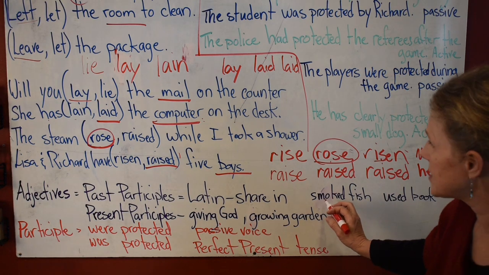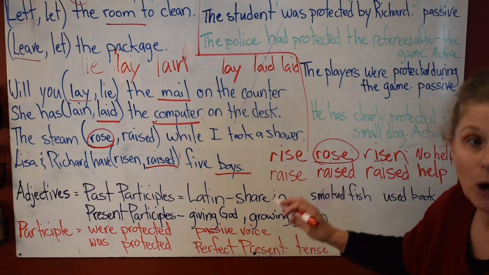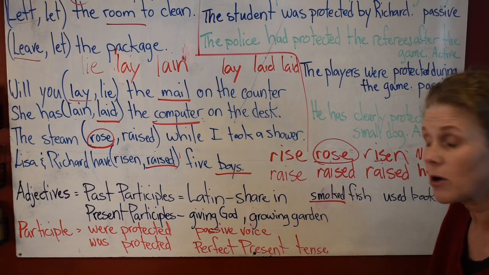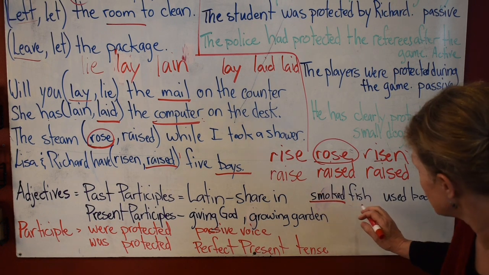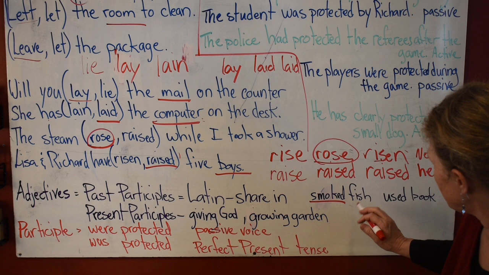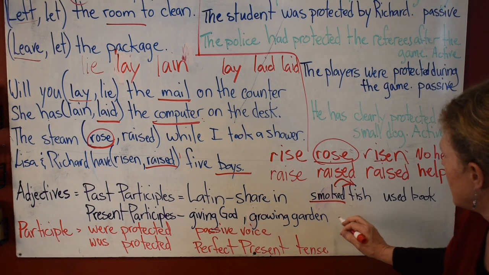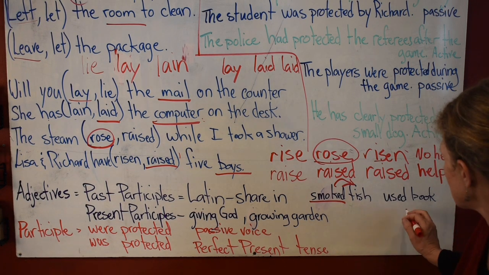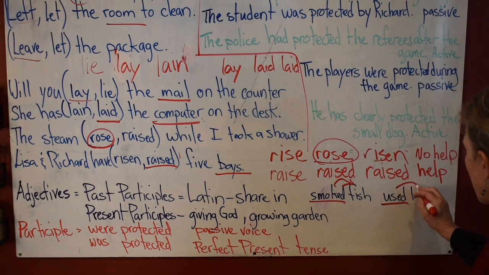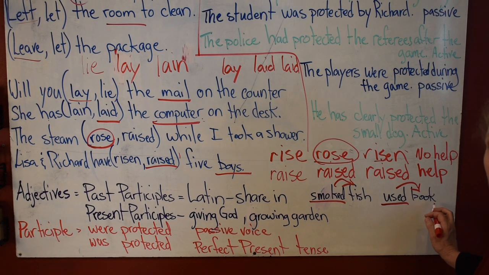So look, this is how you would use this as an adjective. These are participles. They're called adjectives. Okay, but they're participles. Now, smoked fish. See how this participle, that's an adjective that is describing this fish. Used book. This is a participle describing the book.